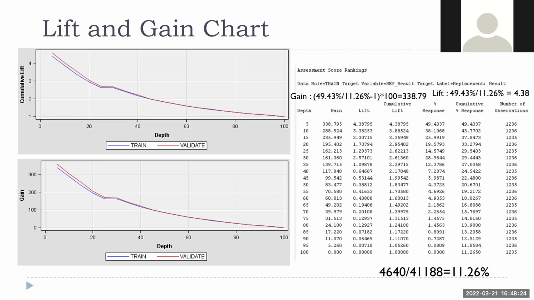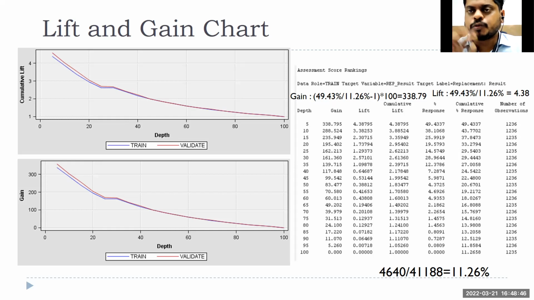Okay, sir. Gain is basically how much percentage improvement you have from your baseline. What it says is, if I target just the top 5% of customers, which my model will identify as 1236, my success rate will be 49.43%, rather than targeting all 40,000 customers.